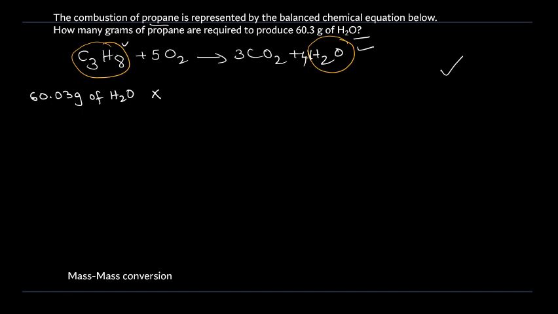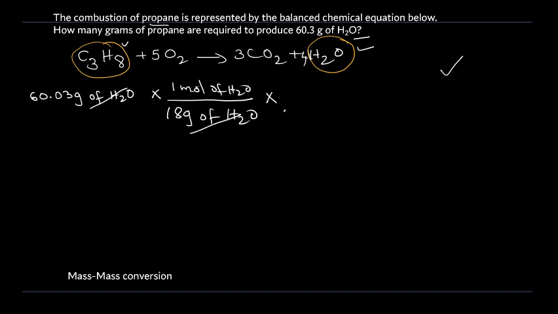So what I need, I know 1 mole of water has a molar mass of 18 grams. So I will write 18 grams of water in the denominator so that I can convert that one into moles. So grams of water and grams of water cancel, and now I have moles of water. And now I'm going to connect that one with my equation.